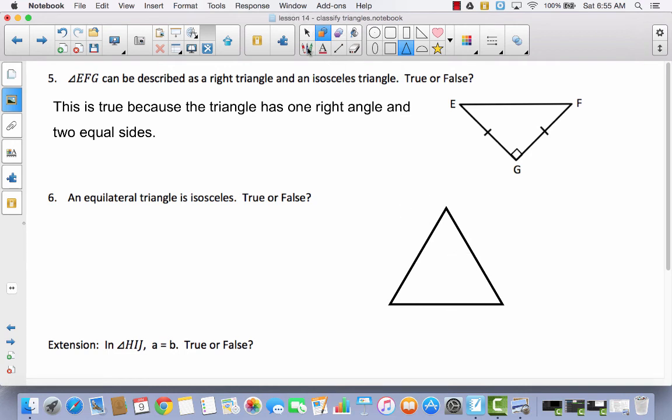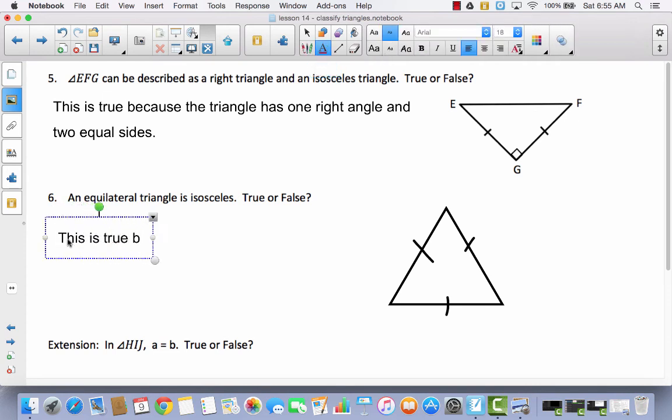So we have a triangle here, and this side and this side and this side are all equal. So it's equilateral, but it also has 2 equal sides. So can it be equilateral and isosceles at the same time? It can. So is an equilateral triangle isosceles? Is that true or false?